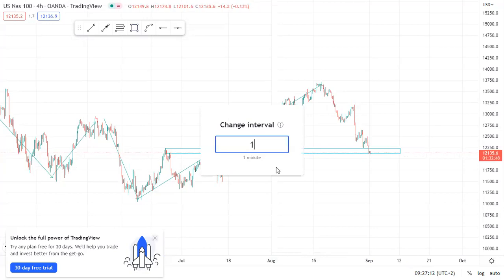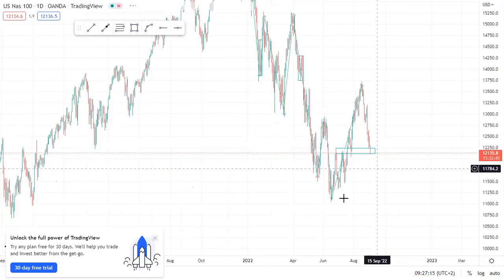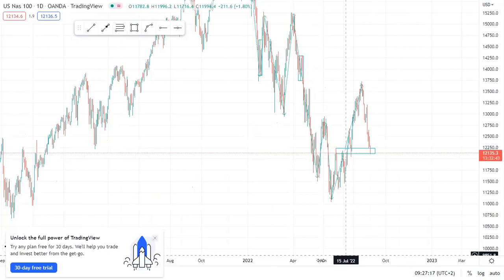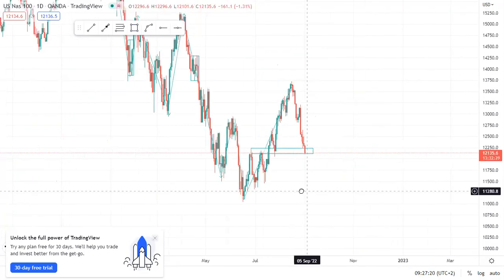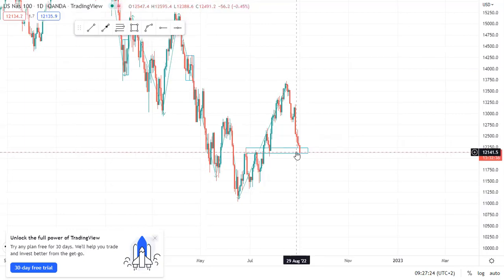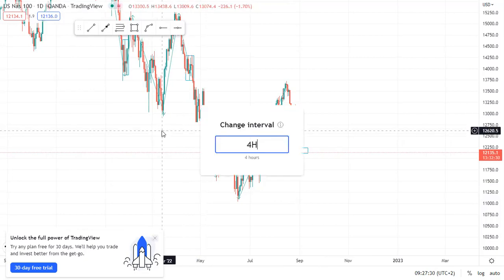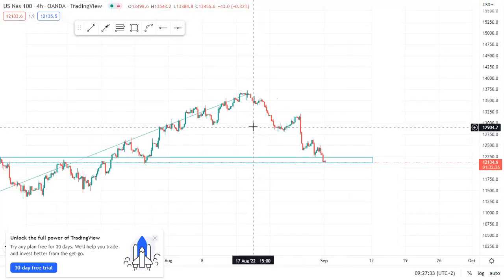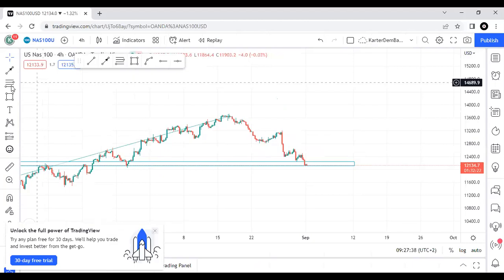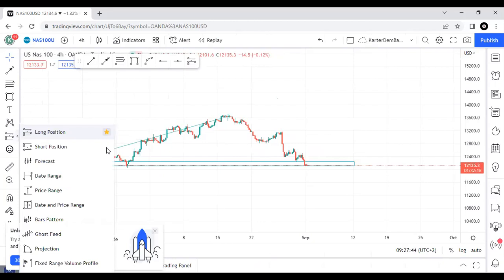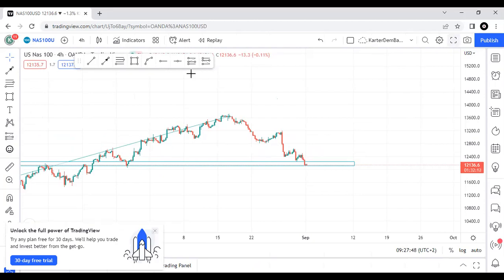And then let's go back to daily so you can see. So to be honest, my target for the buy would probably be this high here, this new high that I just printed here. Okay, back to full screen.